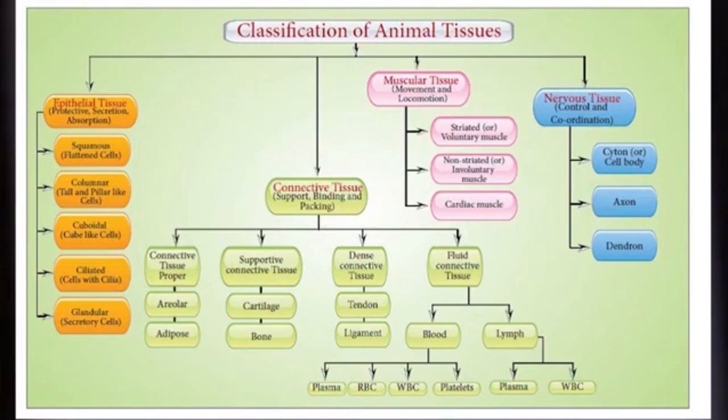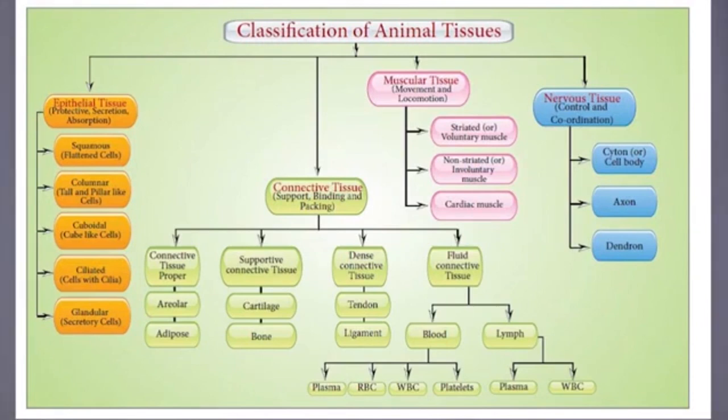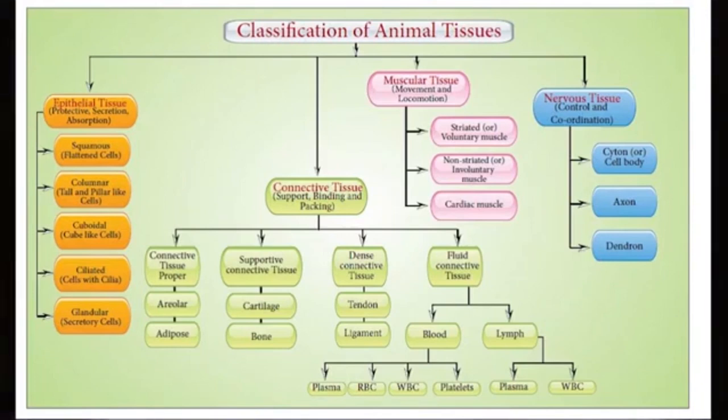The trachea branches into bronchus and bronchioles, which in turn are formed of alveoli, and that alveoli is lined by squamous epithelium. The next one is the proximal tubule of kidneys.